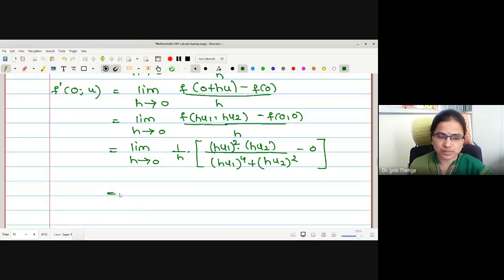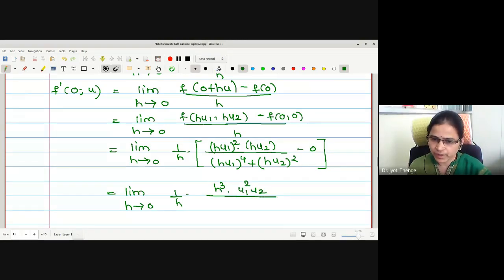Let us simplify. We will take h square common, or one can cancel this h first. It becomes h cube u1 square u2 divided by h square u1 raised to 4 plus h square u2 square.